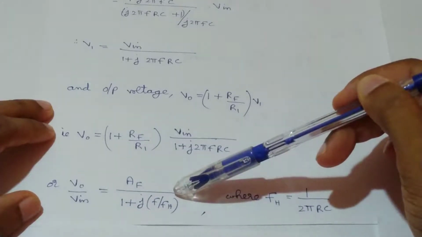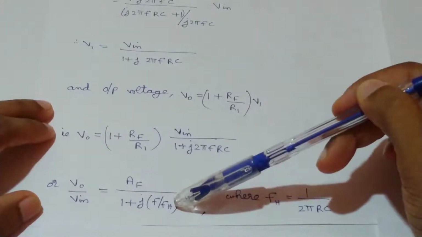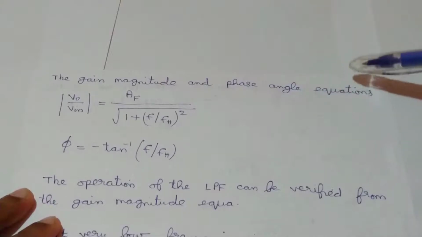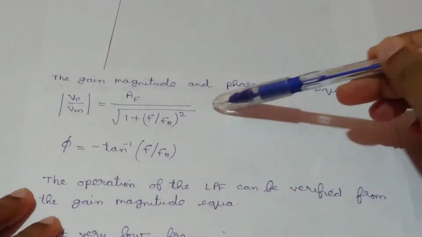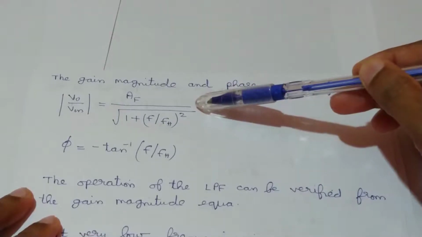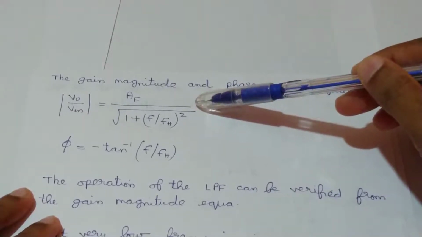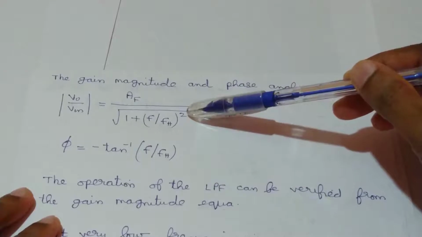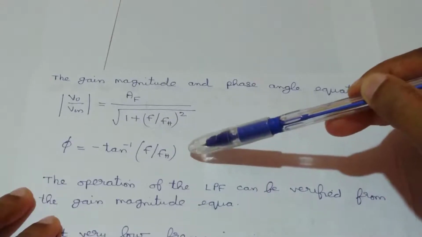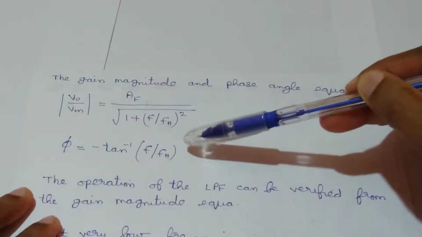And the phase angle will be minus tan inverse f by fh. So the gain magnitude and phase angle equations are mod Vout by Vin is equal to AF divided by square root of 1 plus (f by fh) squared, and the phase angle phi is equal to minus tan inverse f by fh, where phi is the phase angle in degrees.